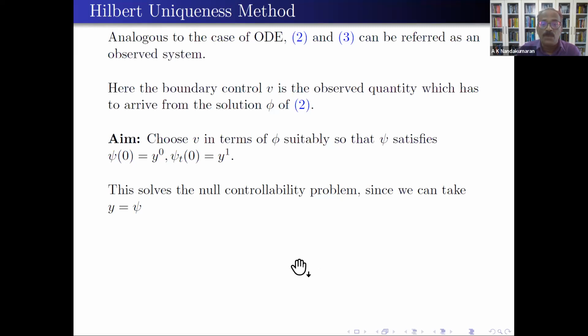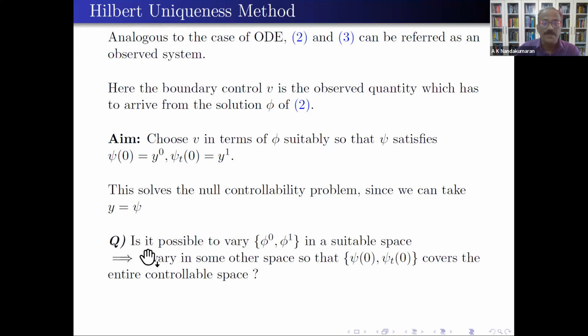So there are no controlled equations you are dealing with. You are dealing with two uncontrolled systems. So the question is, is it possible to vary phi naught and phi 1 in a suitable space and V in some other space, so that psi 0, psi t 0 covers the entire controllable space?